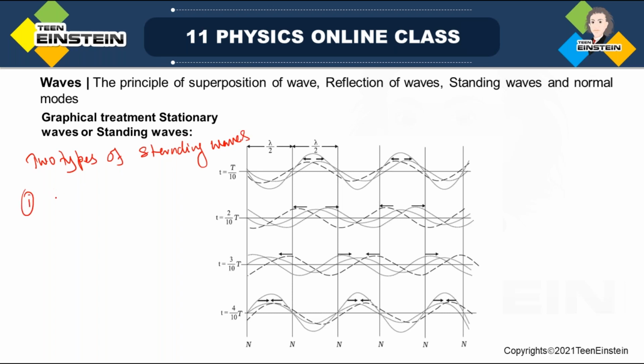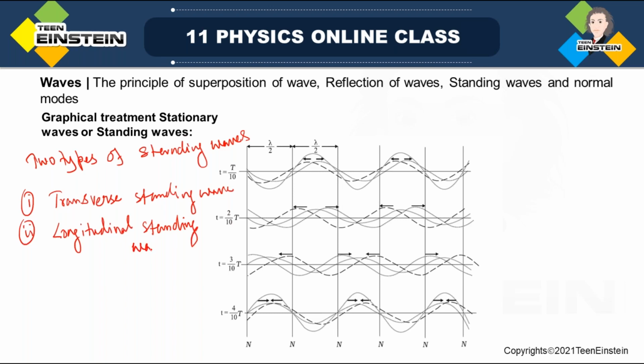One is transverse standing wave, and the other is longitudinal standing wave. Okay, these are two types of standing waves.